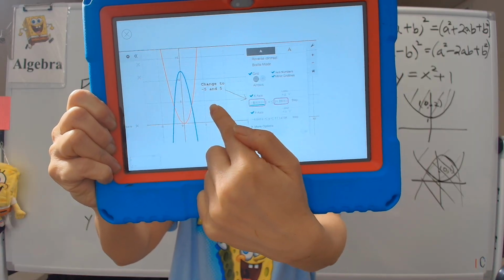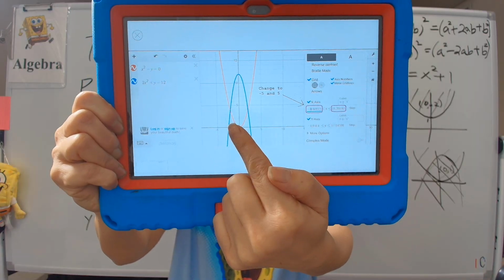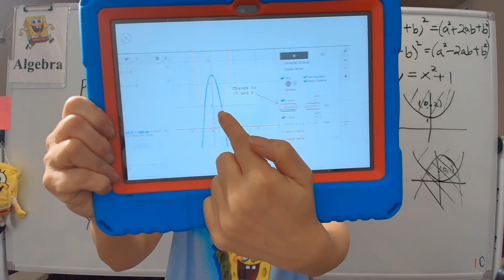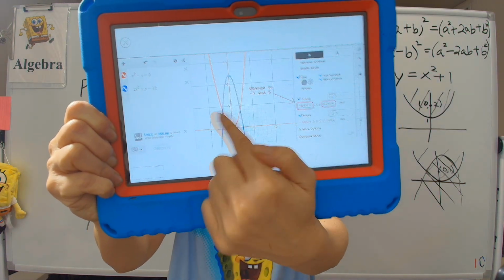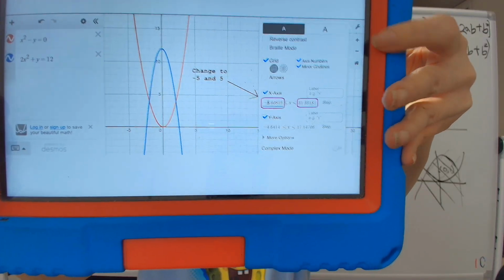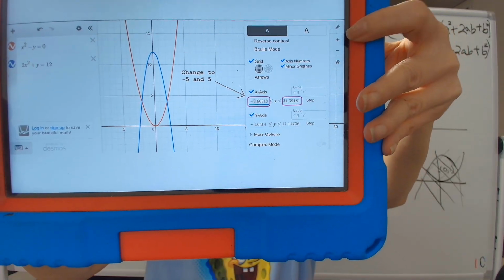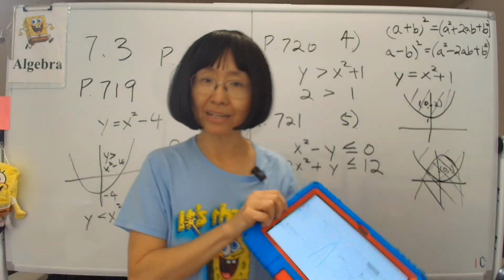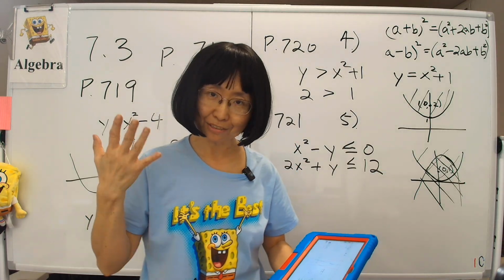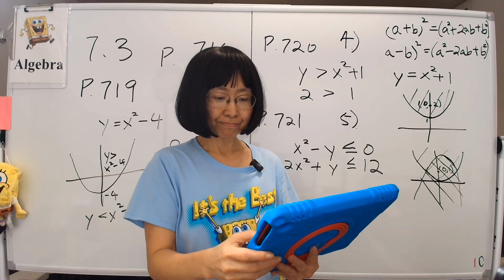Similar to what I'm doing on the screen, but this is just a screenshot, so it doesn't work. Drag the graph and it'll move wherever you want. And also in Desmos, there's a magnifying and reducing button, the plus sign. If you click the plus sign, it will zoom in and get bigger and bigger, and push the minus sign, it'll zoom back out.